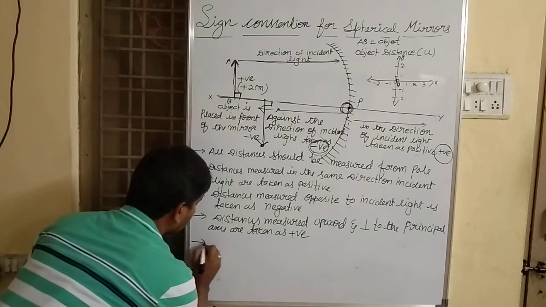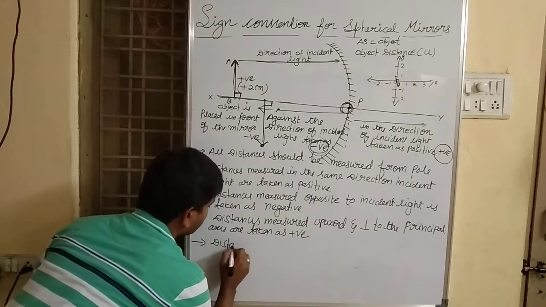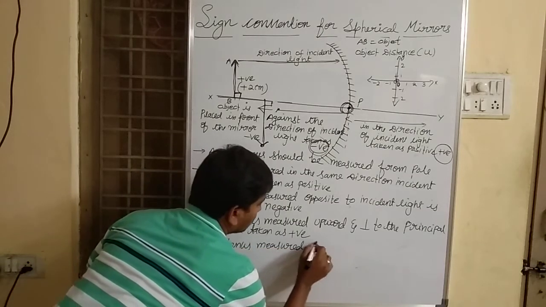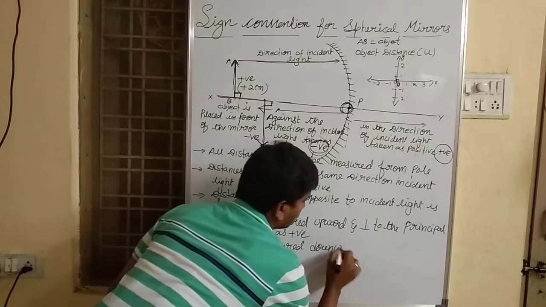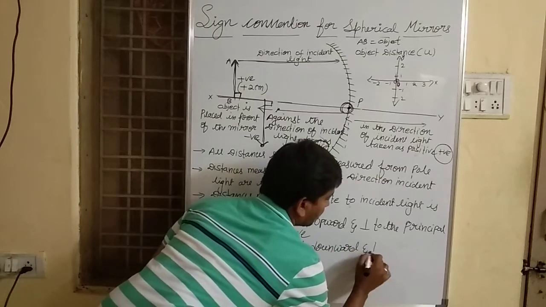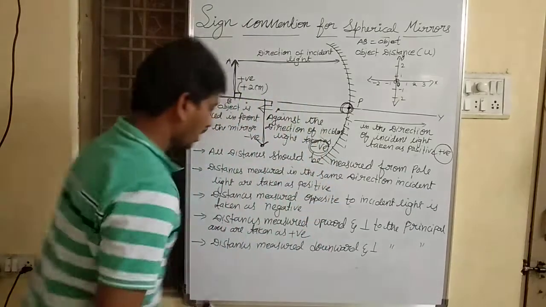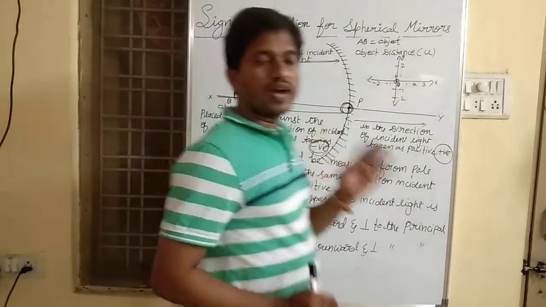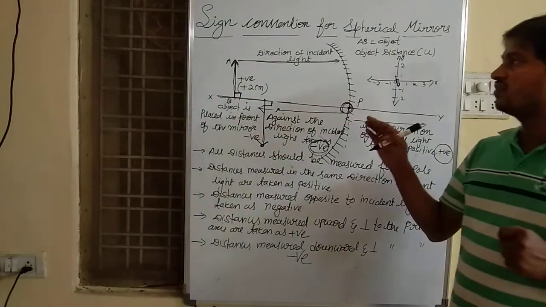And the last point is distances measured downward and perpendicular to the principal axis are taken as negative. These are the 5 rules for sign convention.